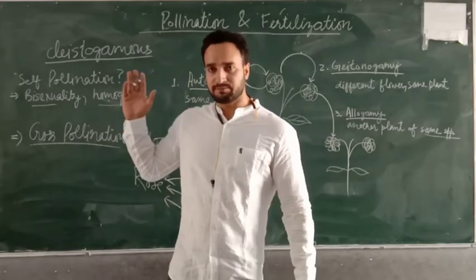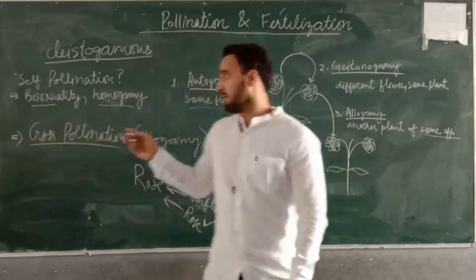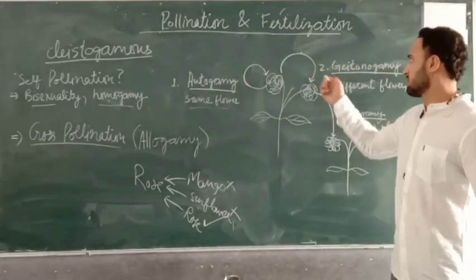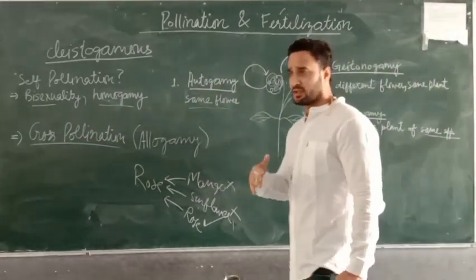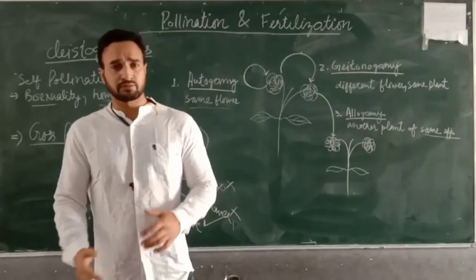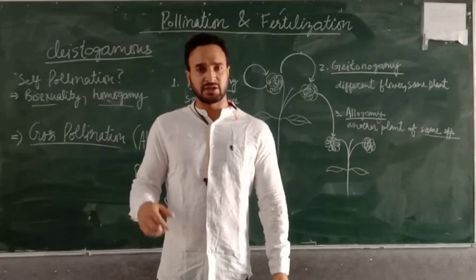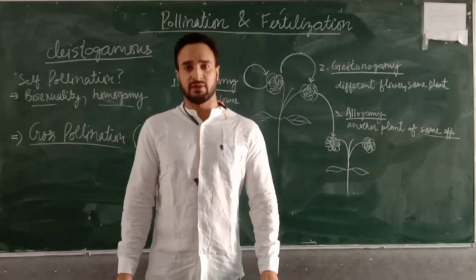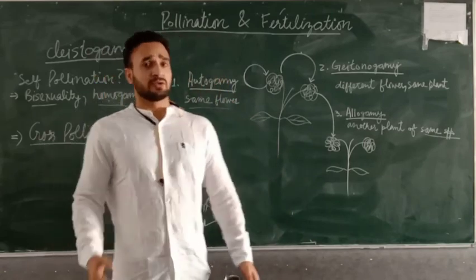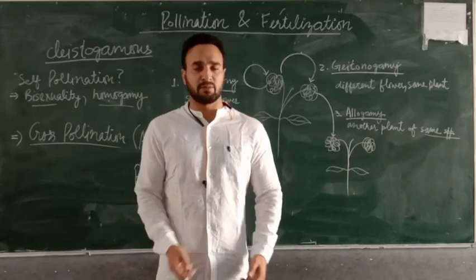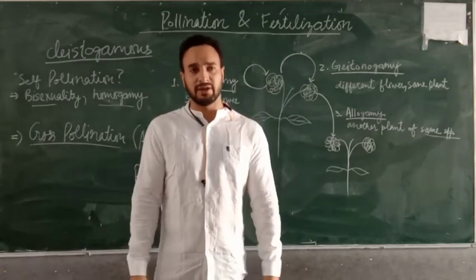However, in case of self-pollination, whether within the same flower, autogamy, or between different flowers, there is no requirement to make a large number of pollen grains. It means this kind of pollination is very economical for the plant. Similarly, we have the disadvantages of self-pollination. What are the disadvantages?